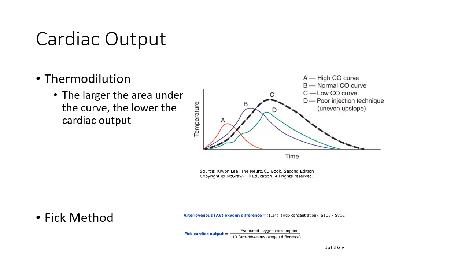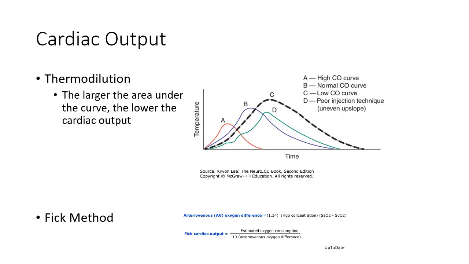So as you might imagine, if you inject cold saline in the proximal end of that long catheter and it makes its way to the tip very quickly and washes out very quickly, that suggests that the cardiac output is very high. However, if it takes a while for that temperature to reach the sensor and then washes out very slowly, that would suggest that the blood flows slower and the cardiac output is less.